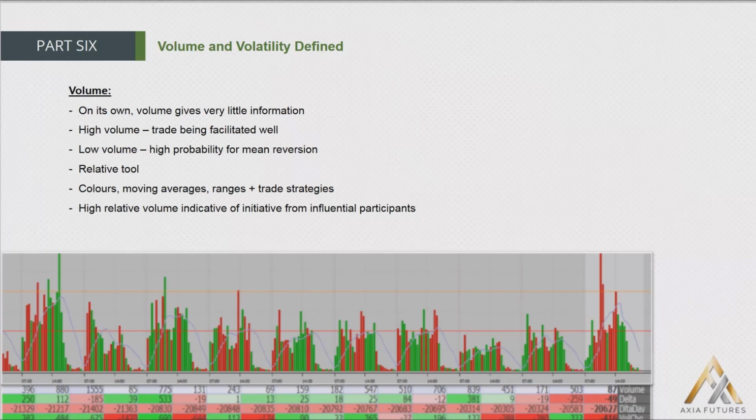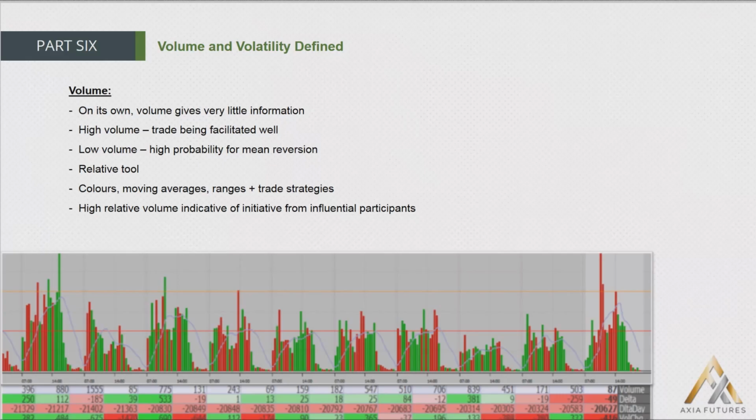This very aggressive relative change in volume is telling us that new business is being brought into the market. Now, how it impacts prices is all determined by a number of factors like trade location, where we are trading within a bracket, and all sorts of things. So on its own, it doesn't mean something, but the fact that there's a strong relative change in volume is something we want to identify and pay attention to.